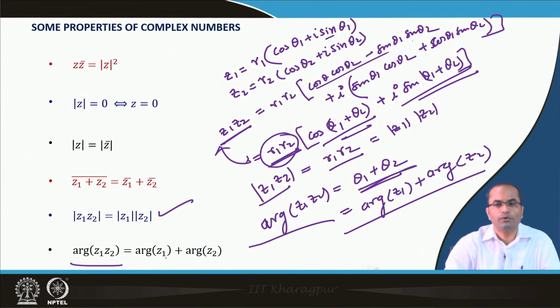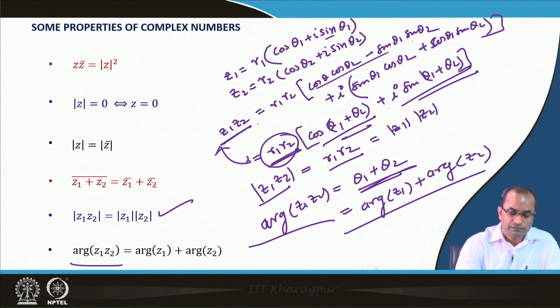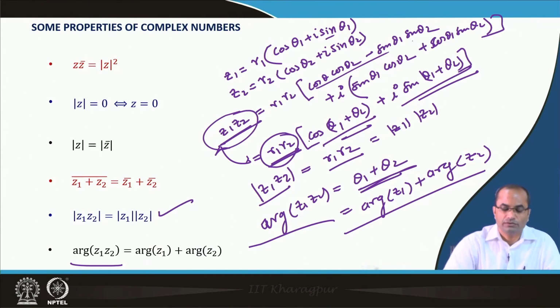These are the two important identities which may be used later, and this relation here plays a crucial role: z1 z2 is equal to R1 R2 times cos(theta 1 plus theta 2) plus I sin(theta 1 plus theta 2).